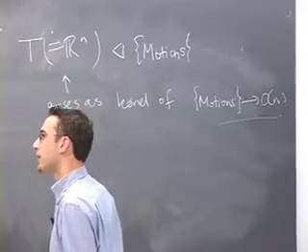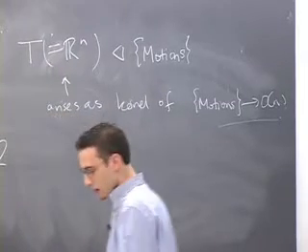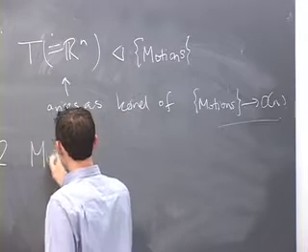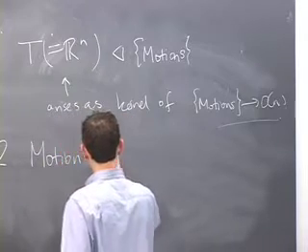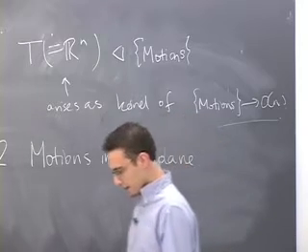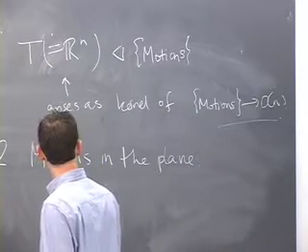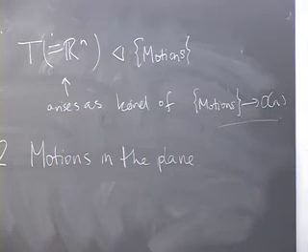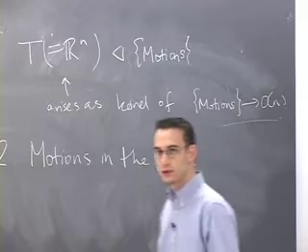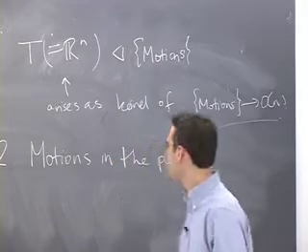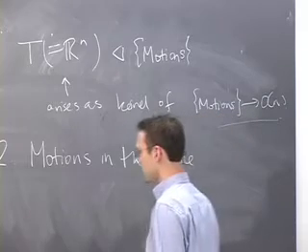And we then went on to look at a special case. We took n equals 2, and we looked at motions in the plane. Much of what that entailed was analyzing first the finite subgroups of the group of all motions in the plane, and then looking further at the discrete subgroups of the group of all motions in the plane.